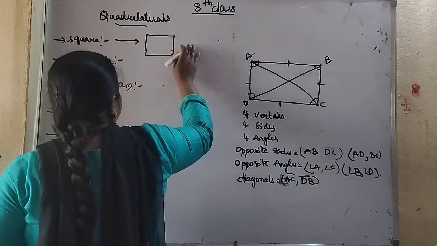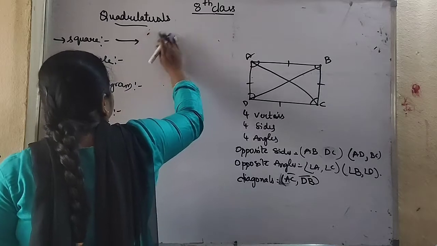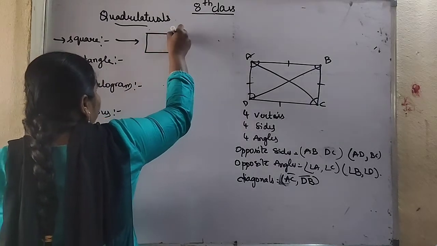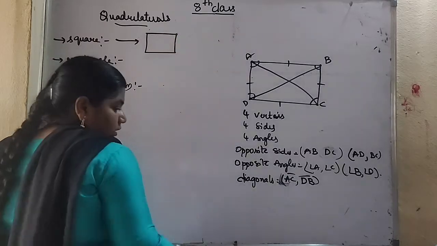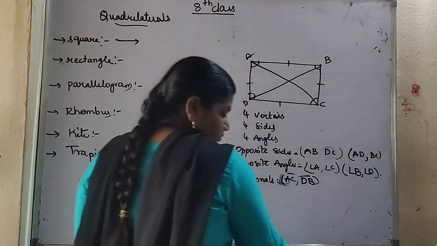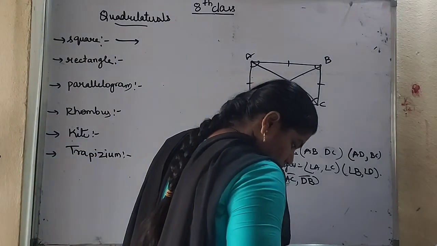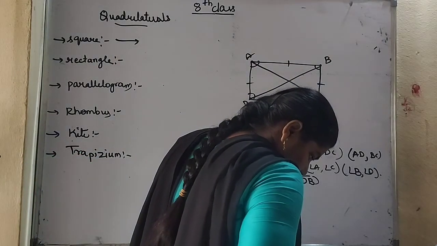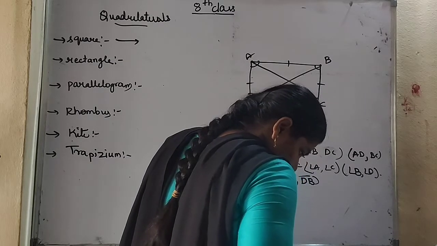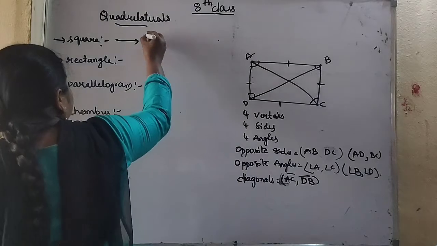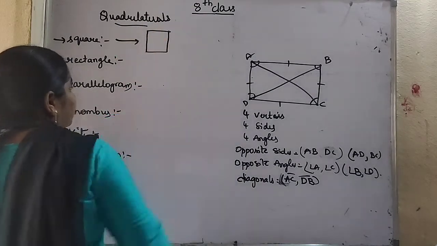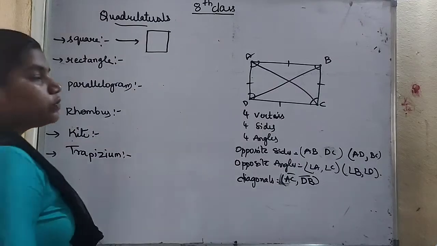If you take this as a square, what are the properties of a square here?